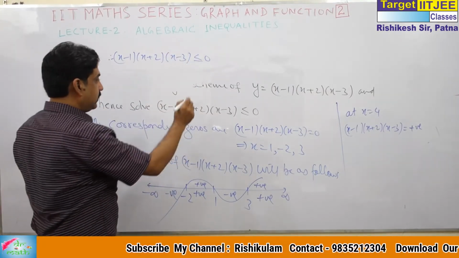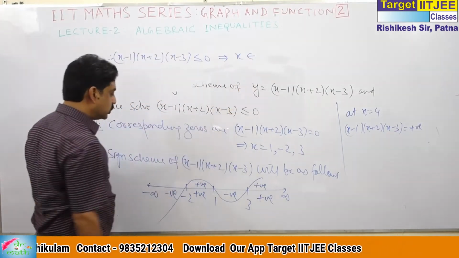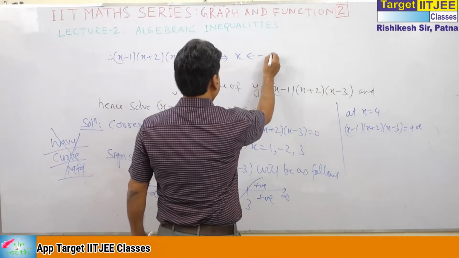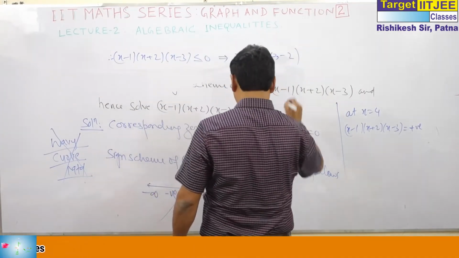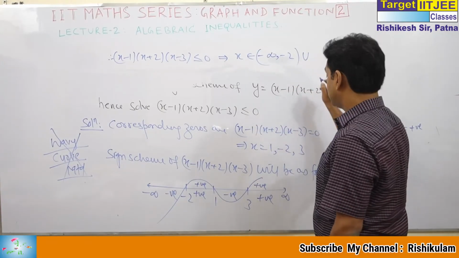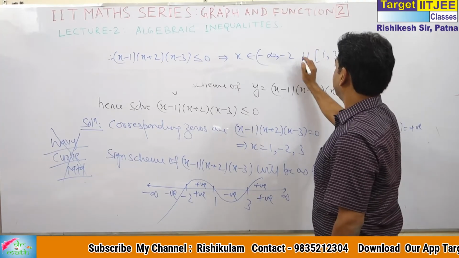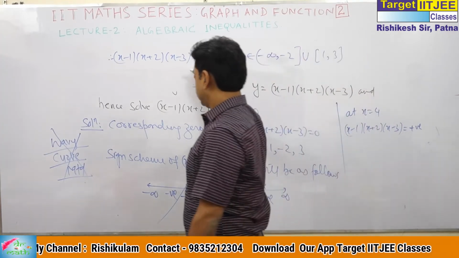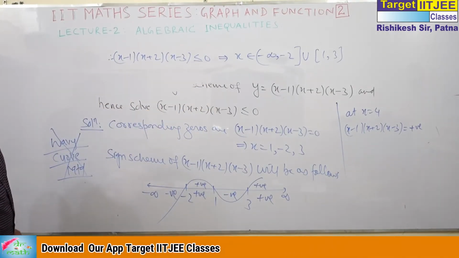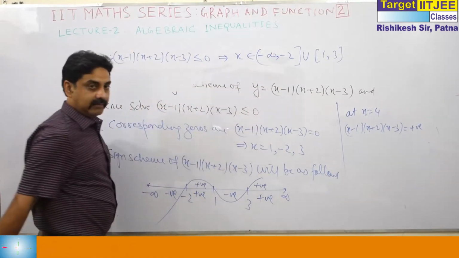What are the negative signs? x belongs to minus infinity to minus 2, union 1 to 3. Take the brackets closed because of the sign of equality, and infinity and minus infinity are always open.